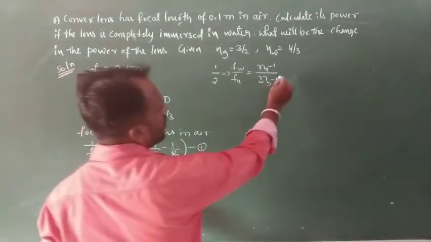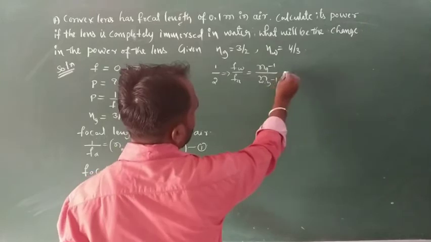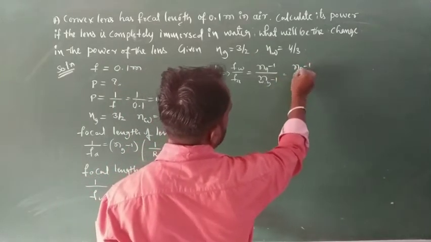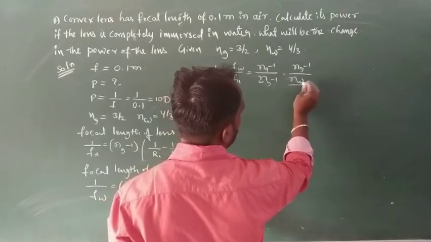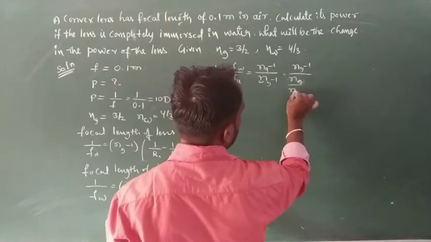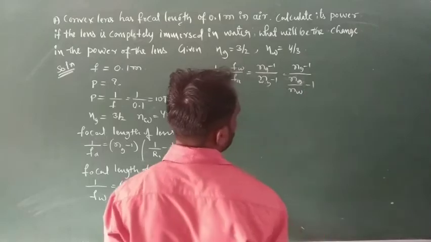So we get the refractive index of glass minus 1 divided by the refractive index of glass divided by the refractive index of water minus 1.